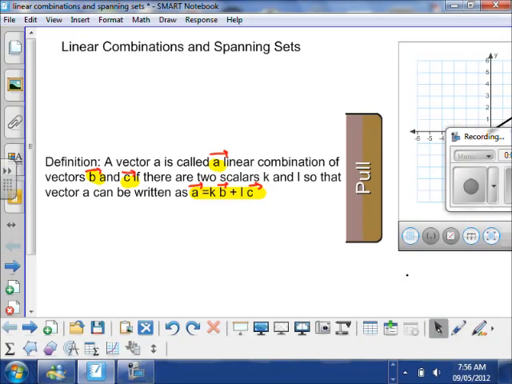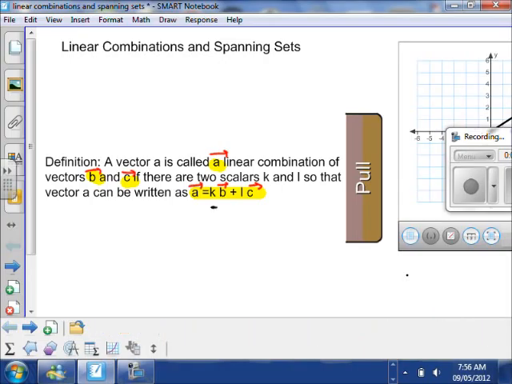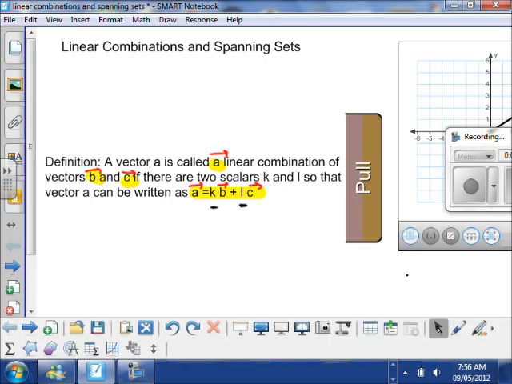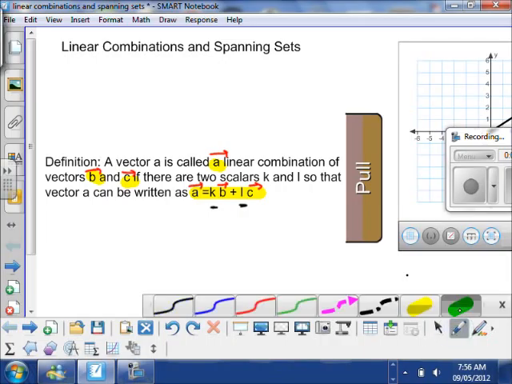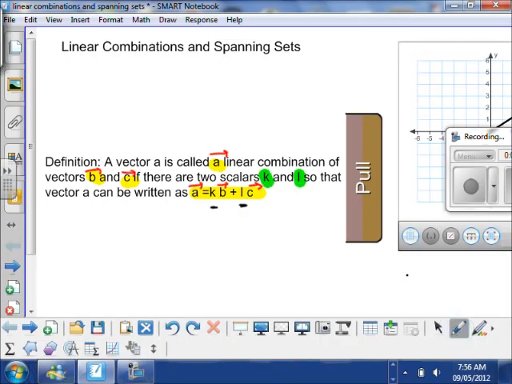Now, how about K and L? Should I put vectors on top of K and L? The answer is, of course, no, because K and L are scalars. That's a keyword. They are real numbers, so definitely I do not need to put the vector notation on top of them.